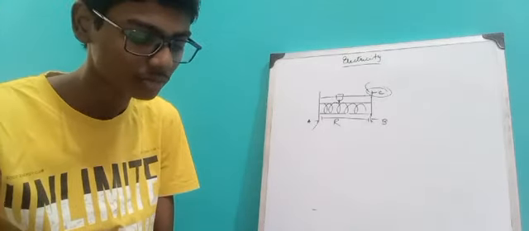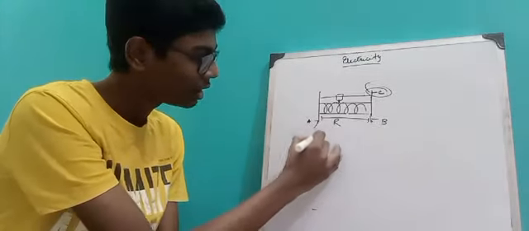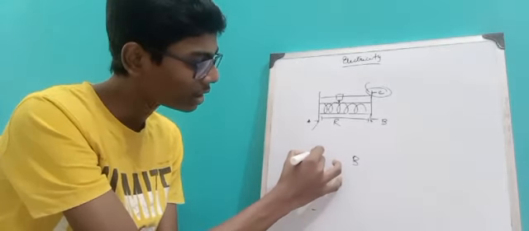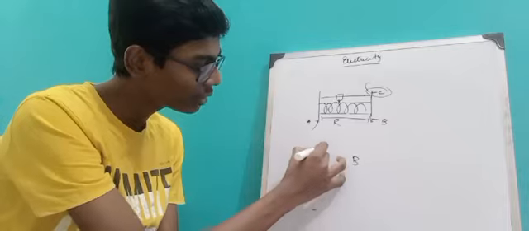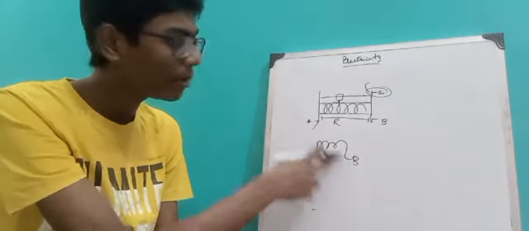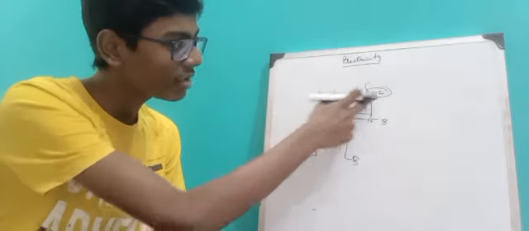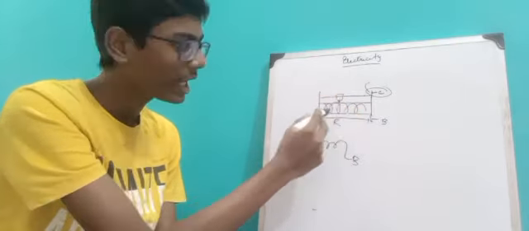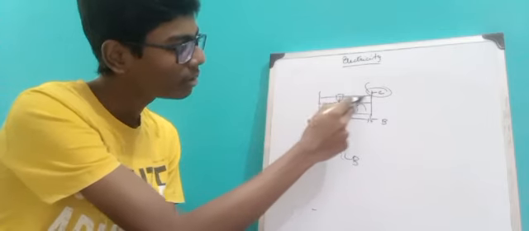Because if we are just connecting with A and B, that means what? The electrons will travel like this and it will move out from B. But in case of A and C, it will enter from A, move like this, and then from here it will move.